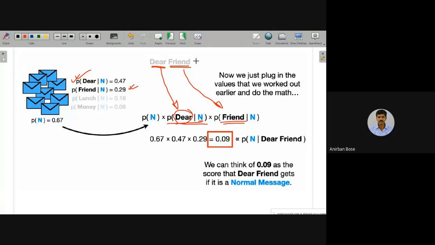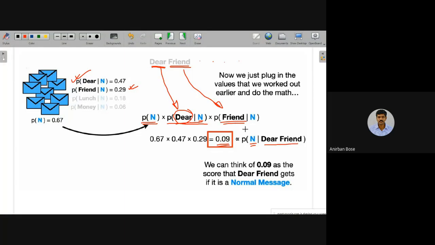Okay, so if there are other messages, other words, then all those probabilities you have to multiply in exactly the same way. So the probability of normal messages multiplied by this, you have to do. And if you do this calculation, you will get 0.09. Okay, so this 0.09 is actually proportional to the probability of the normal message given the particular email, that is "dear friend".